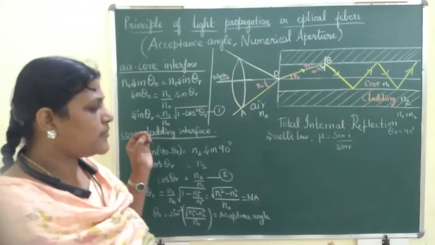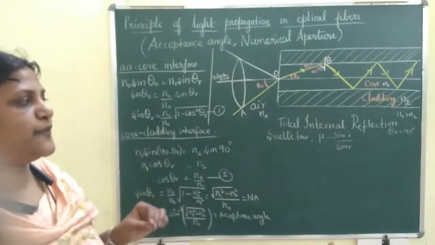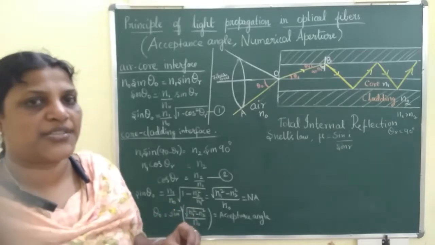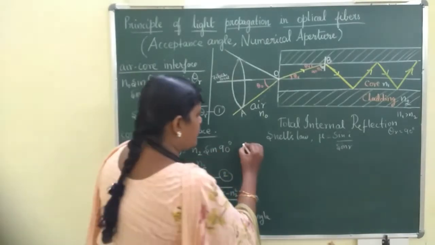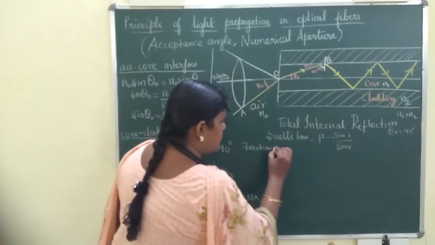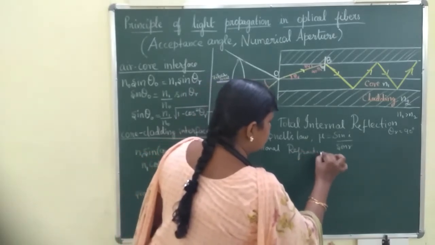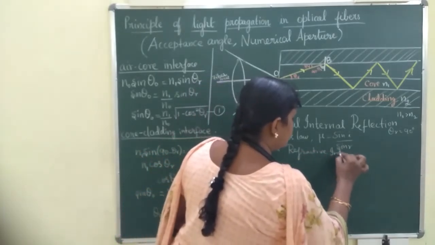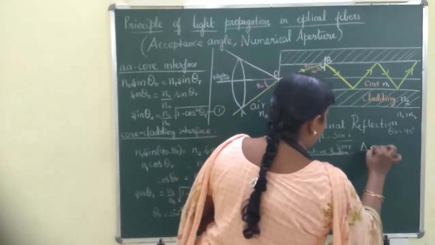Now we need to do a small calculation. For this I am going to write a formula called fractional refractive index change. So this is denoted by the letter delta.